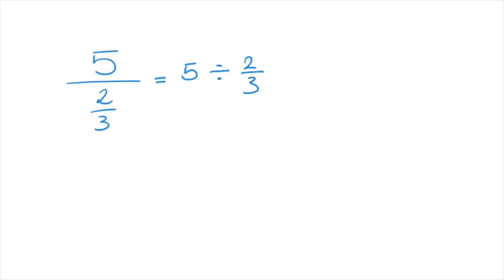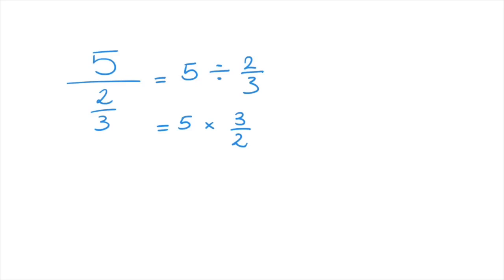And as we now know, dividing by 2 over 3 is the same thing as multiplying by the reciprocal of 2 over 3. In other words, it's the same thing as multiplying by 3 over 2. So we can rewrite this as 5 times 3 over 2. We now have a whole number which is multiplying a fraction.